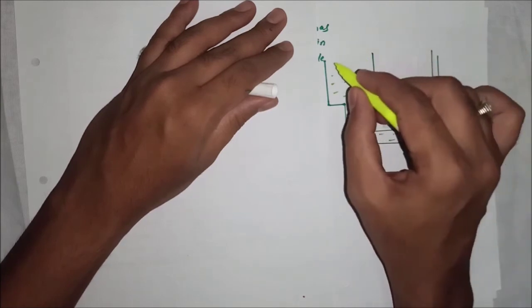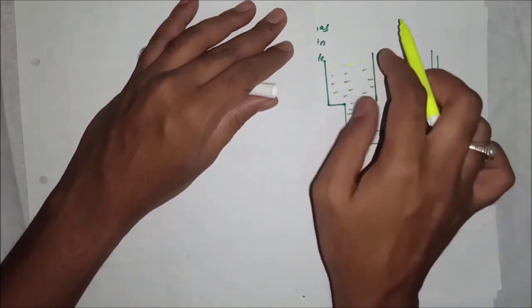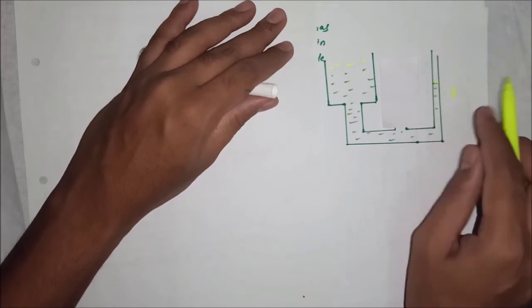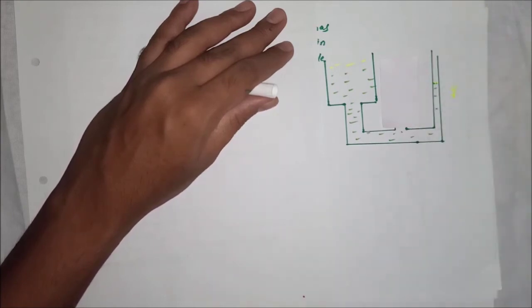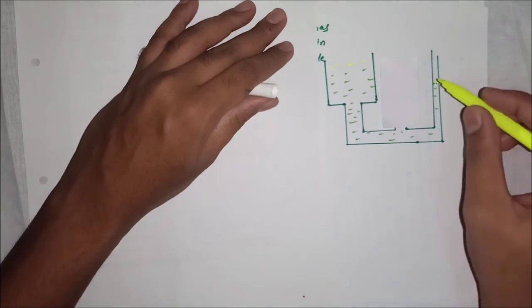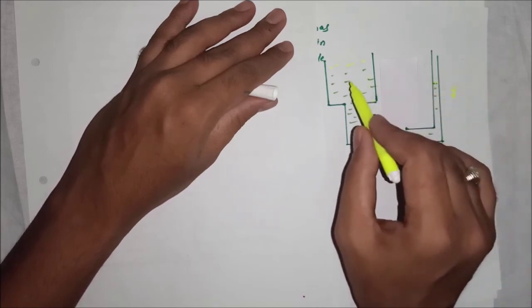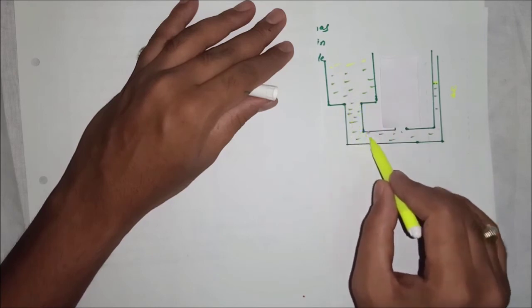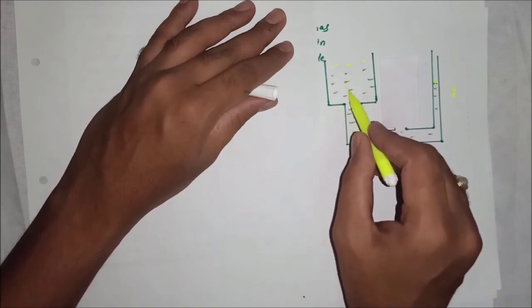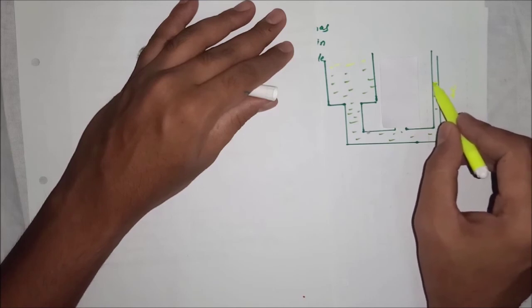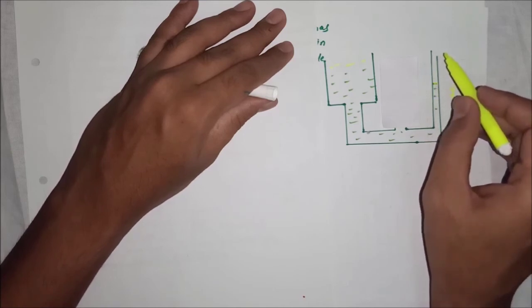As the level of the water here increases, what happens? The water comes here, the water level rises, the voltage rises. As a result, the LED is damaged, right? So now what I have to do: even though the water level increases here, that water should go out and maintain the same level, should not increase further. Then what to do?